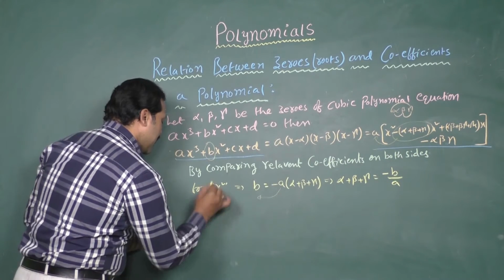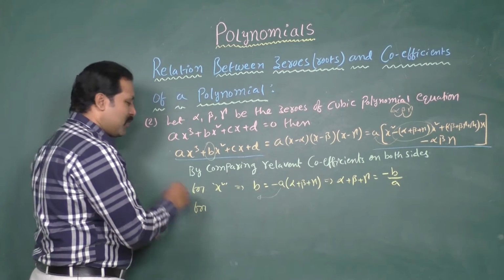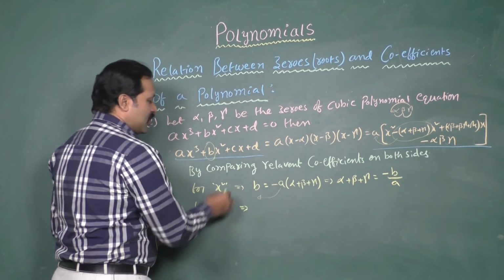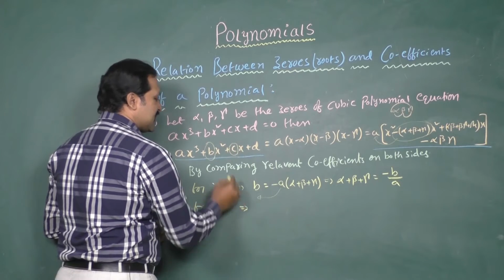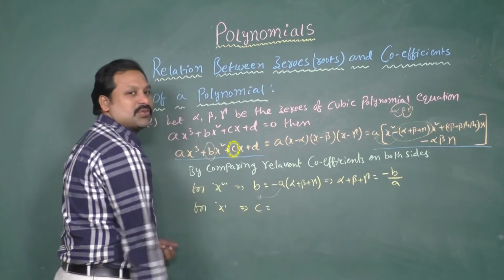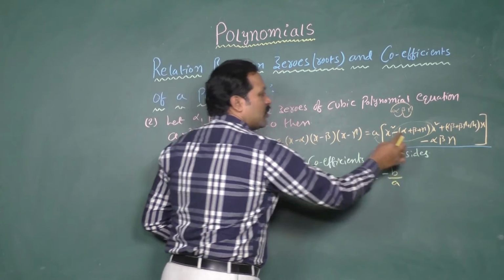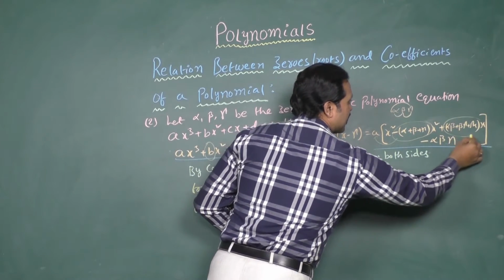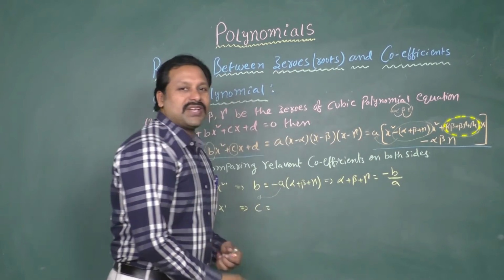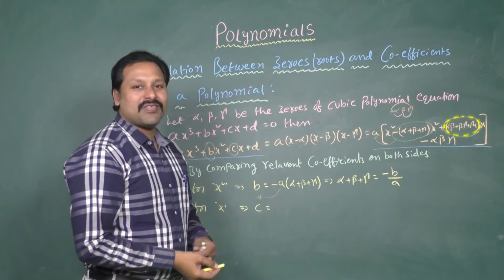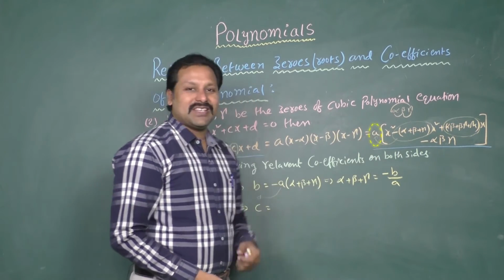Now compare coefficient of x on both sides. So what is x coefficient here? c equal to, what is x coefficient here? Alpha beta plus beta gamma plus gamma alpha. It is multiplied with a.